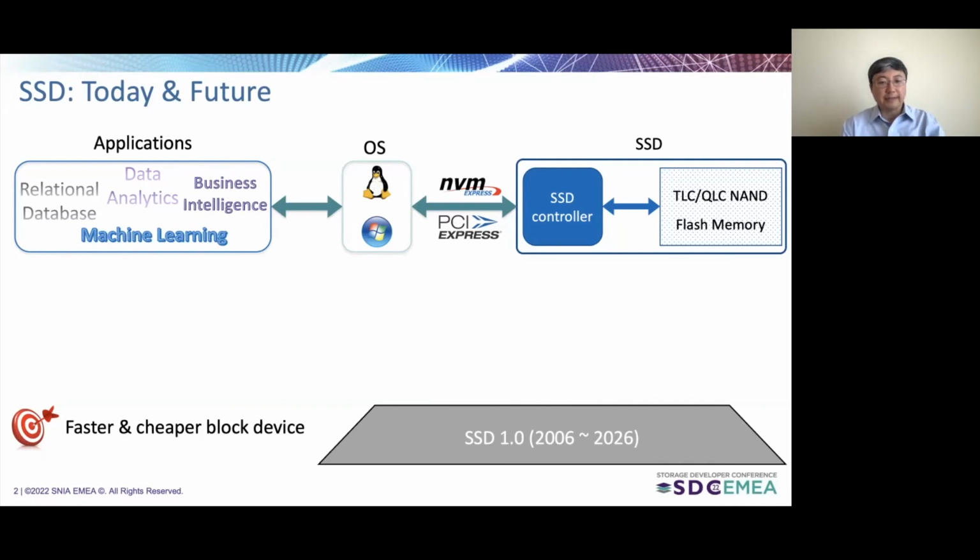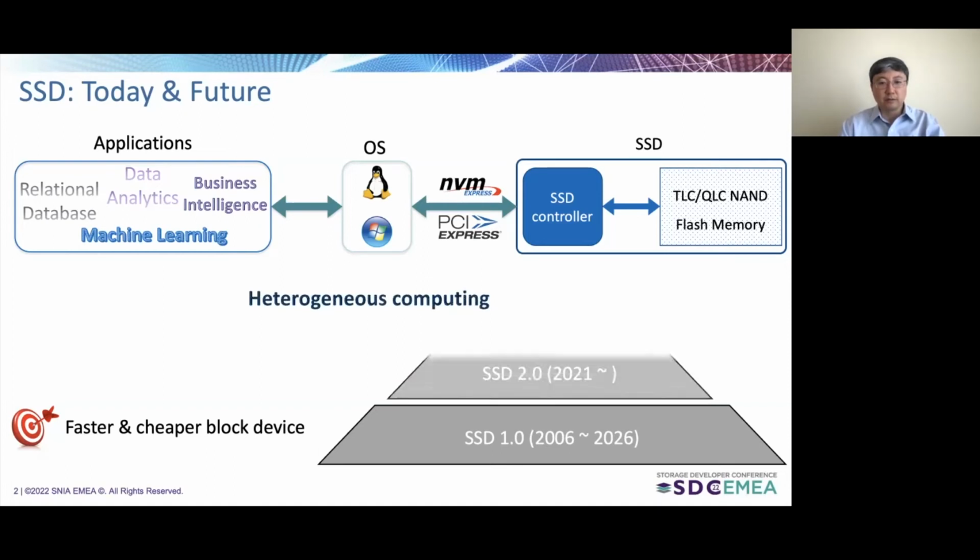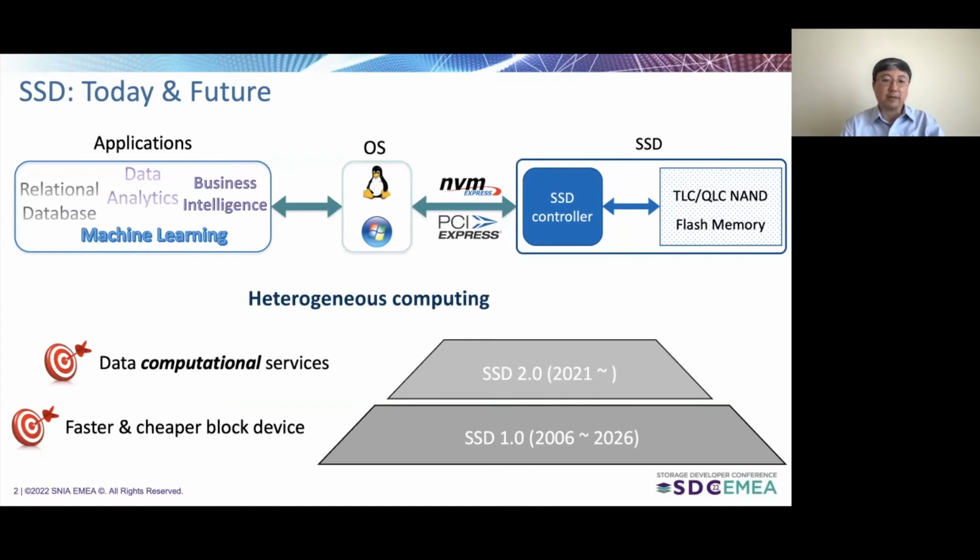As SSD controller technology is quickly becoming mature, the difference between SSD products is getting smaller and smaller. So we are currently at the end of the SSD 1.0 era, and at the same time, with the slowdown of Moore's law, heterogeneous computing has become inevitable.